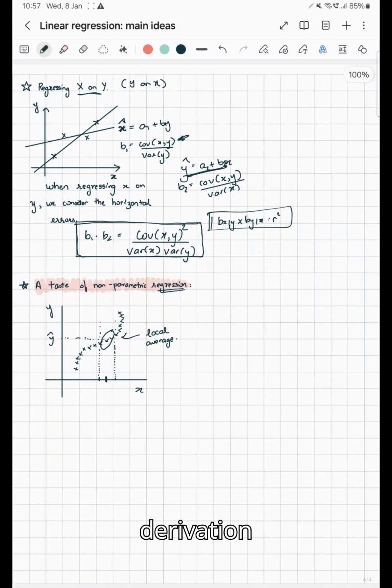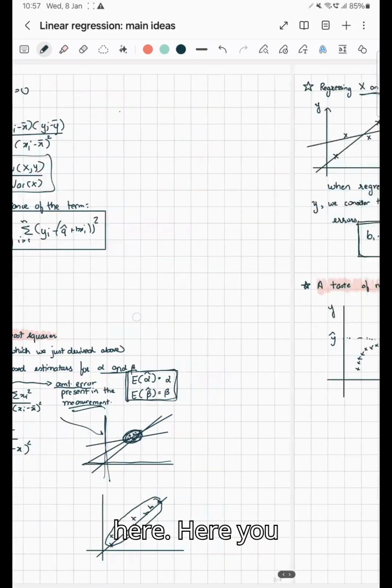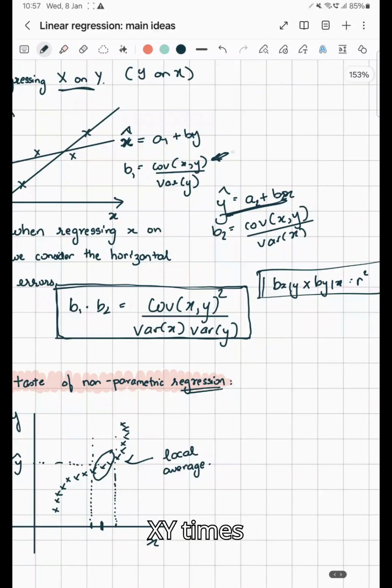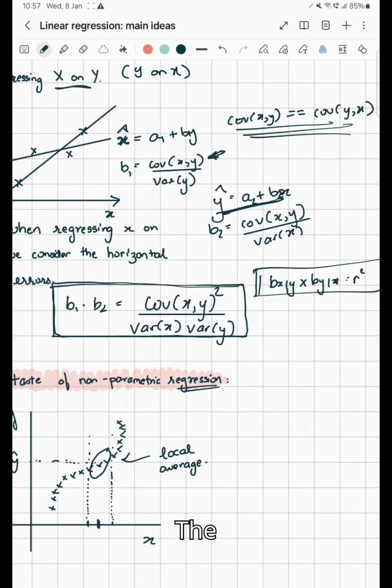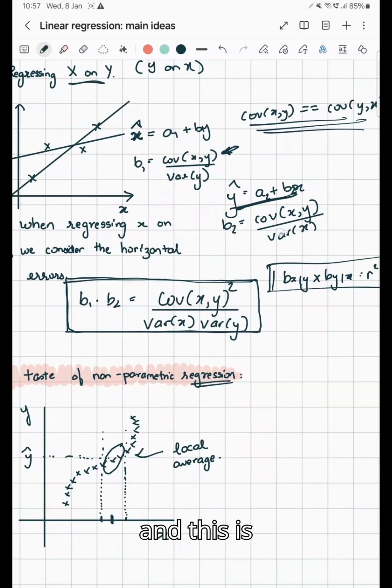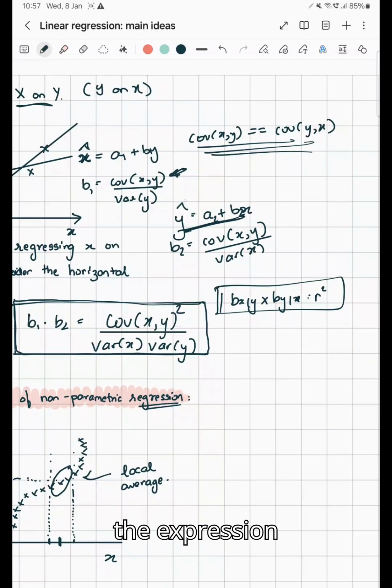From our earlier derivation, you get that beta 1 is the covariance of xy over the variance of y, because the covariance remains the same. If you remember, covariance of xy is equal to covariance of yx. The denominator gets swapped and turns into the variance of y, and this is the expression for predicting x given y, versus y given x.